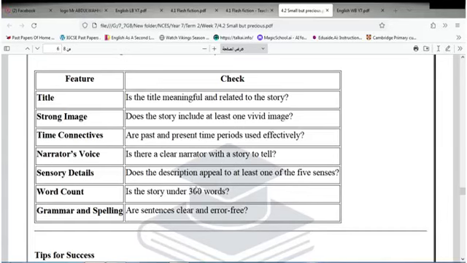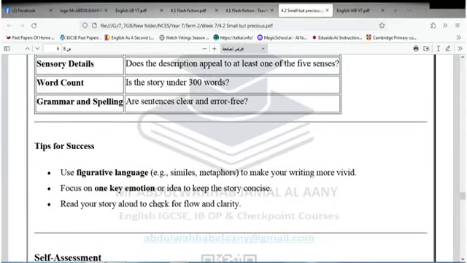We have under 300 words, the word count, and we have variety of sentences, and we have error-free spelling and punctuation. We used some similes and metaphors, and we used one key emotion, which is family bonds or nostalgia.